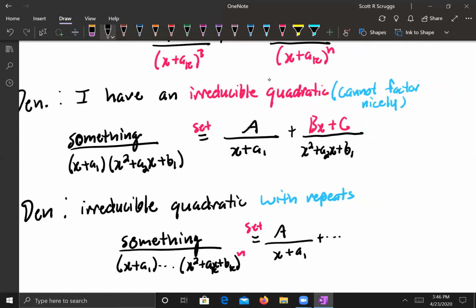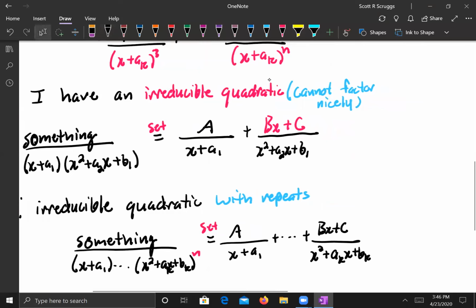But once I hit the repeating quadratic, first time still as normal as I would before. But just like with the repeating linear, every time I'm raising that to a power, I'm treating that as its own individual quadratic term.